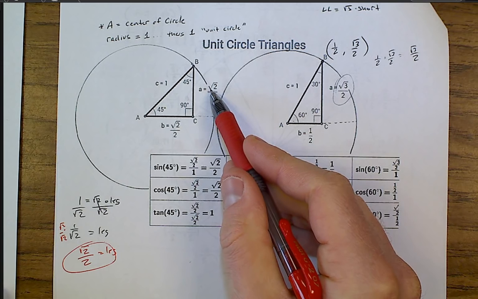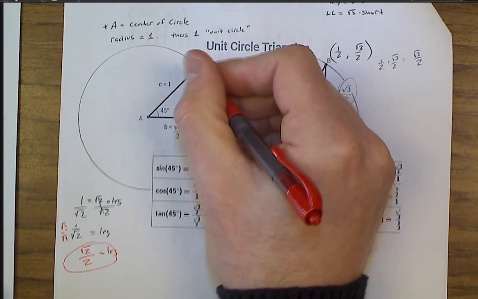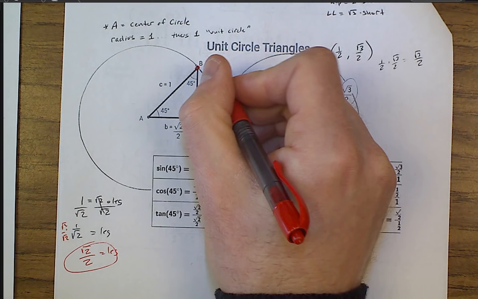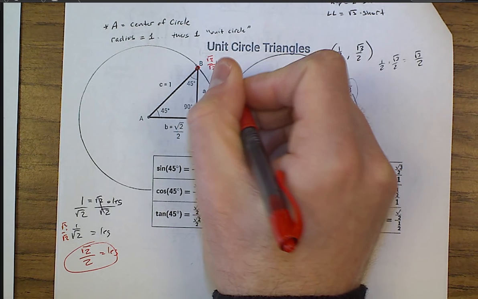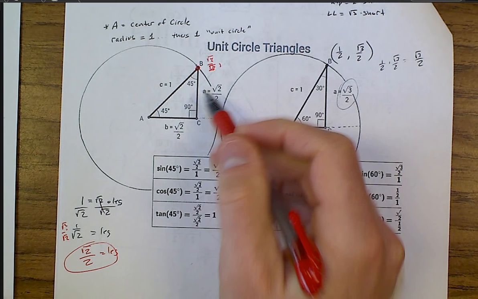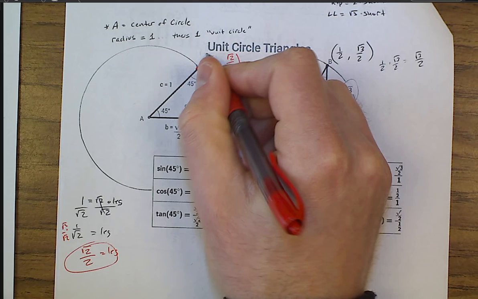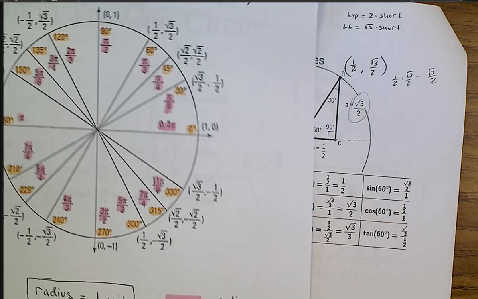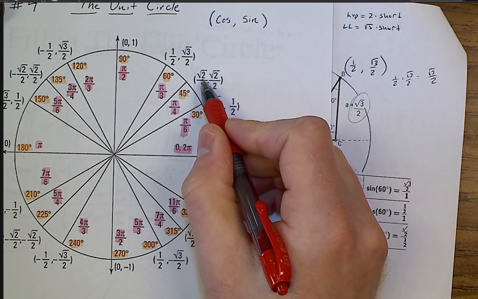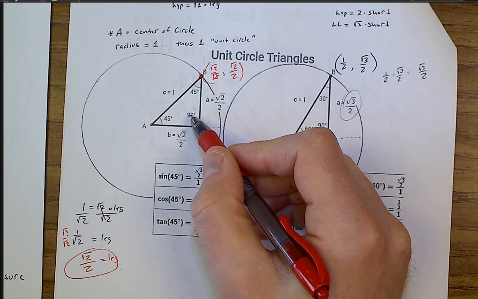So this point right here, B, remember, this is your x distance, so that would be radical 2 over 2, comma, your y distance is radical 2 over 2. And that's why when you look back at the original, for a 45-degree angle, look at your point: radical 2 over 2, radical 2 over 2, based on the triangle that we created.